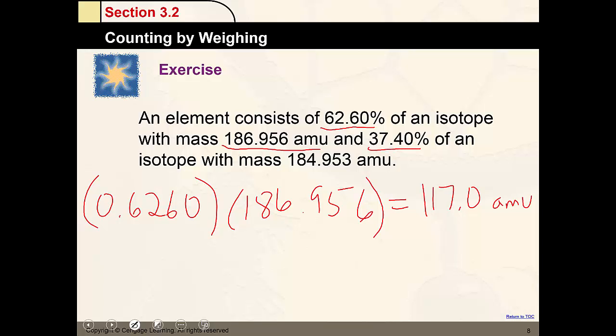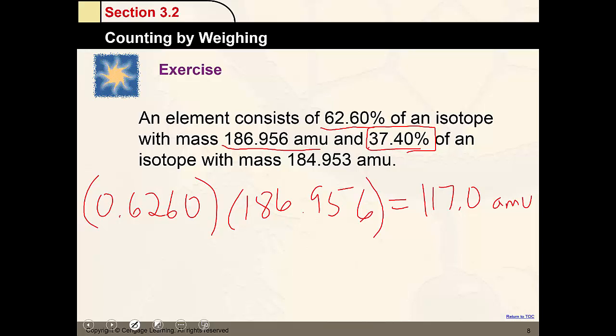And one point I want to make here: in a problem, you wouldn't necessarily be given this value. If there are two isotopes and you're given the percentage of one, you should be able to derive the other one, because the percentages will always add up to 100%.